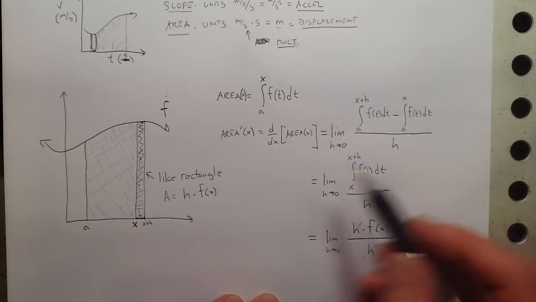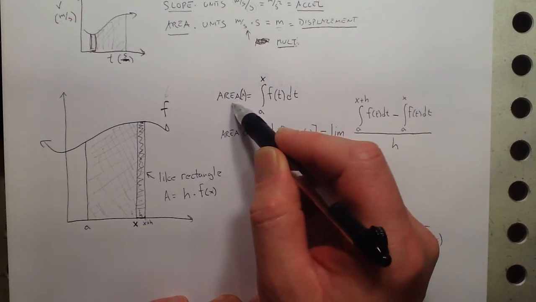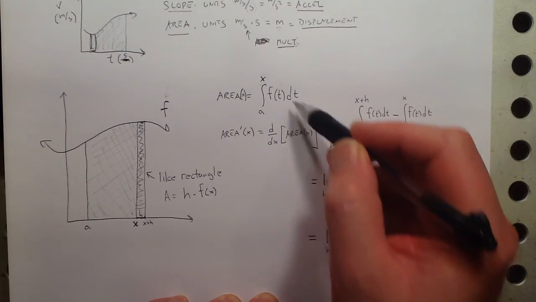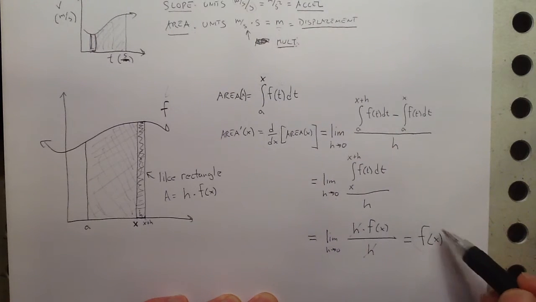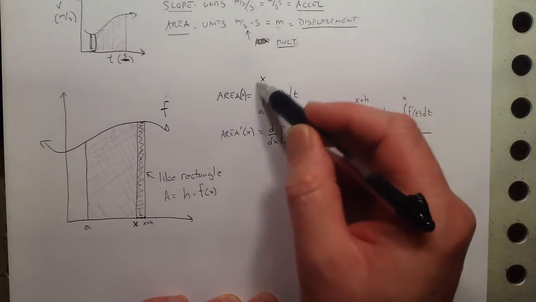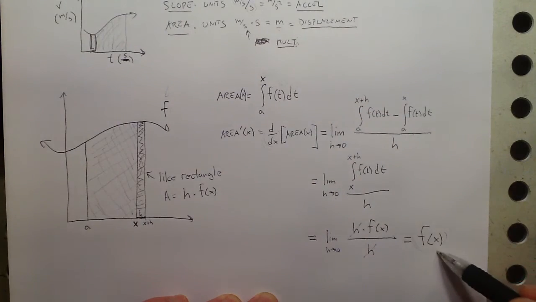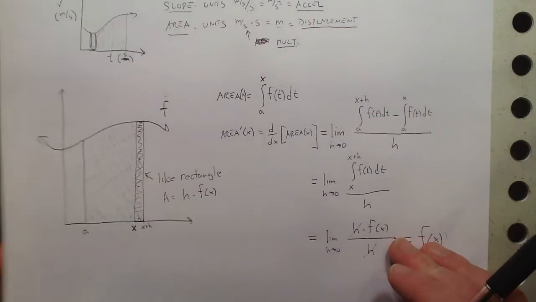So again, let's recap that. The derivative of that area function is just f of x. So let's write down that result.